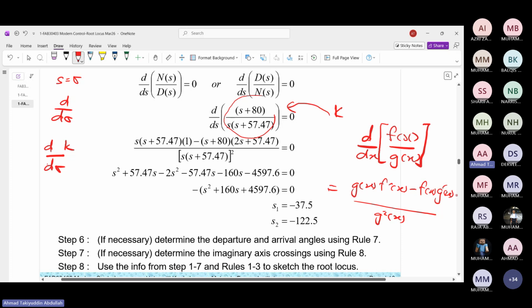So I need to have it in my consideration, and it will look like this. And once I put everything in, the equation will be equal to 0, and I'm going to have these two values of S1 and S2.